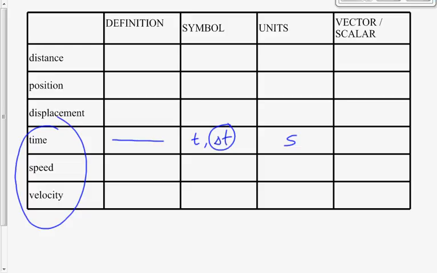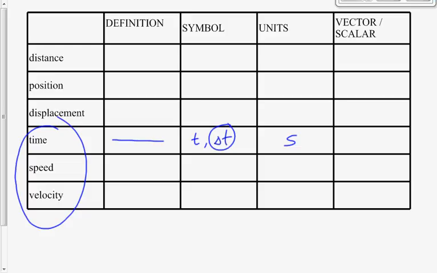How do you know time is going to be a scalar? Because you don't have direction. I've never heard somebody say, oh, it's 4 meters to the east. Sorry, 4 seconds to the east. Biology class today was 80 minutes to the south.